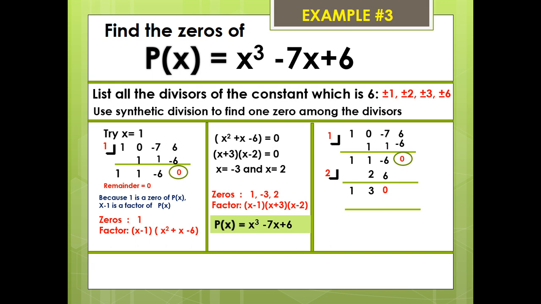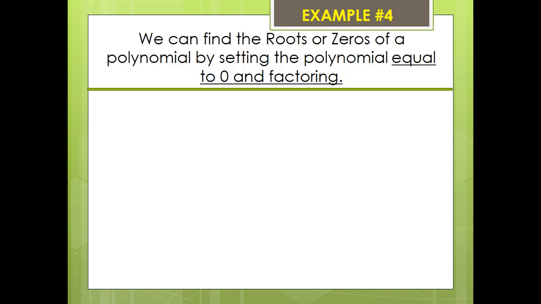Kasi 3 yung nasa last number natin. So, try negative 3, bring down 1 times negative 3 plus 3 is equal to 0. So, therefore, our zeros are 1, negative 3, and positive 2. The factors are x minus 1 and the product of x plus 3 and x minus 2.